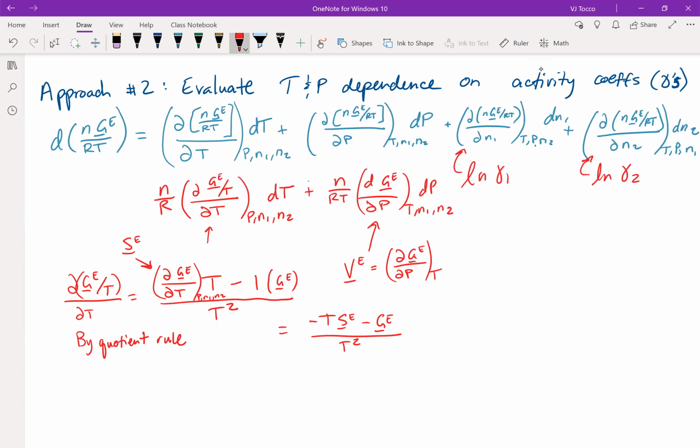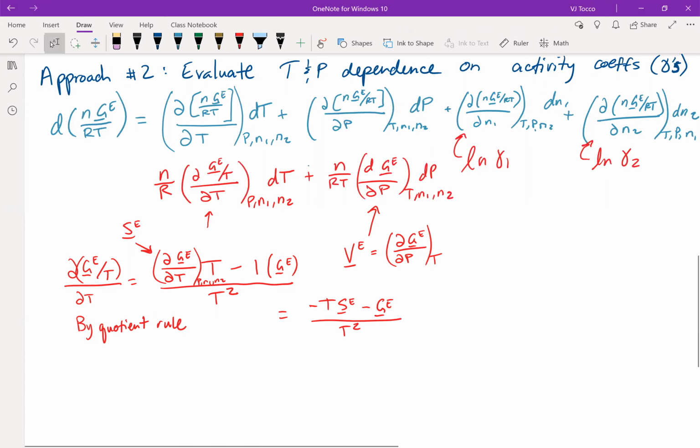I've got stuff going all over the place, so I can now simplify things a little bit. Actually, one quick correction: minus SE. So that's where this minus comes from down here. Also, I've got minus G minus TS, and I can say that excess molar enthalpy is GE plus T excess entropy, because that's just the definition of enthalpy, because G is equal to H minus TS.